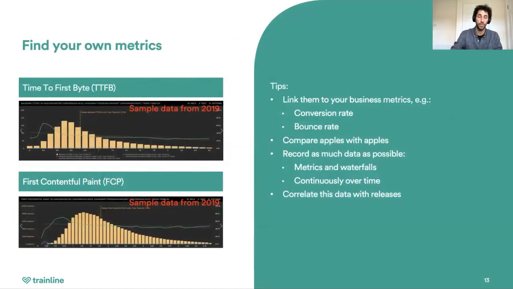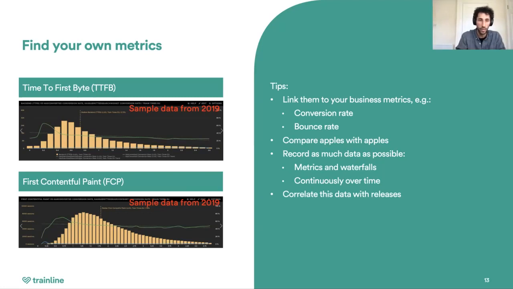The next step, I think, is you shouldn't just stop there. They're great to start, but there are lots of other metrics that you can use to drive great performance within your web application. So an example that we'd already talked about a bit earlier was the time to first byte, the first byte that you send over the wire.